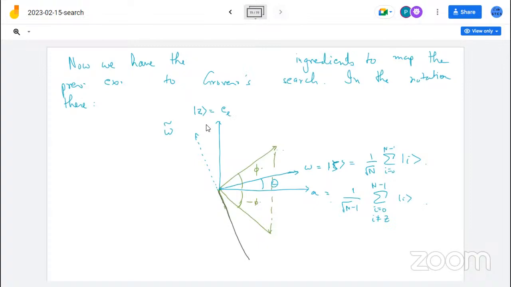So what are the angles? Whatever this angle is, it will add that also.